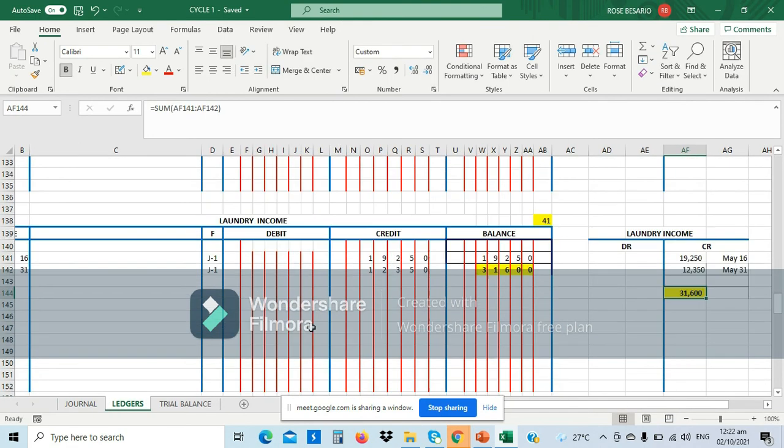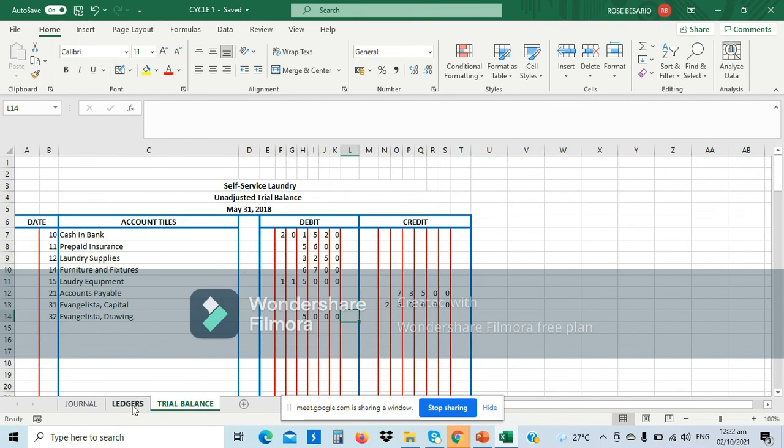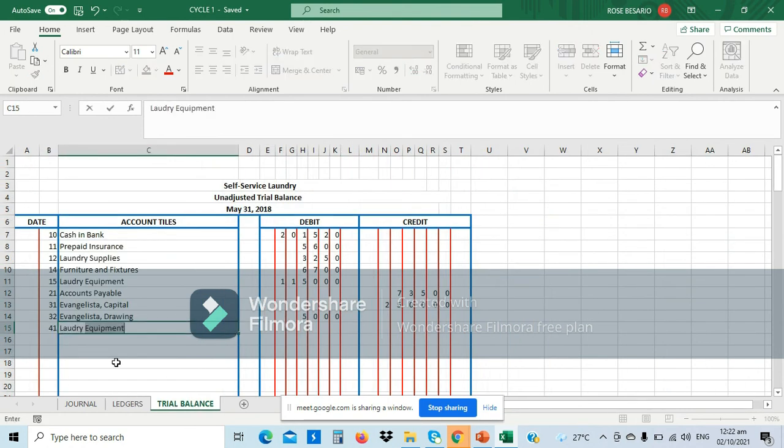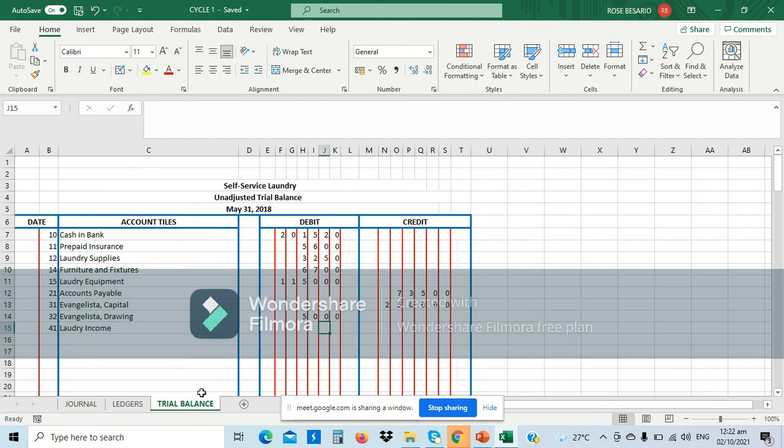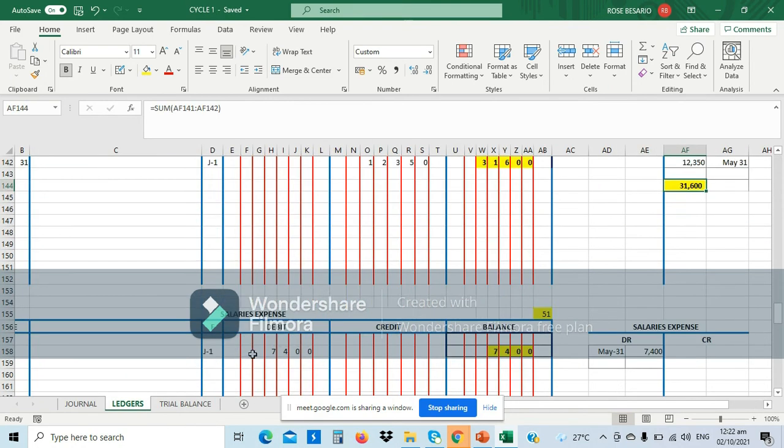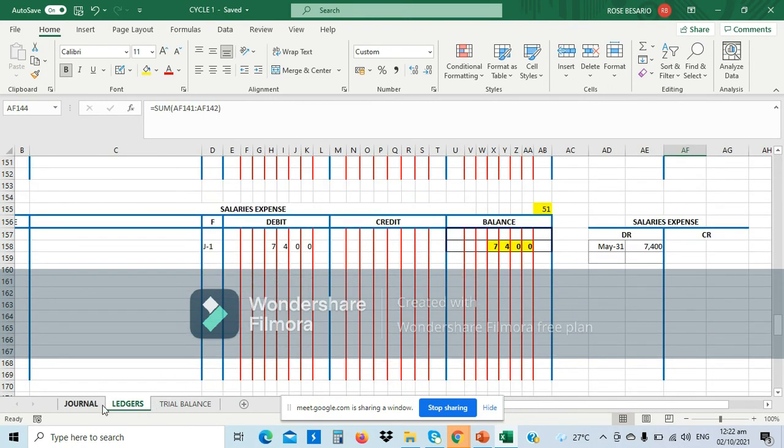Then after that, you have laundry income, 31,600 credit. This is 41. Laundry income, 31,600 credit. Hopefully there is no error.